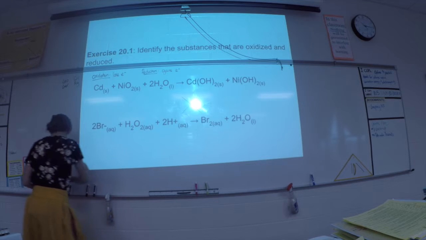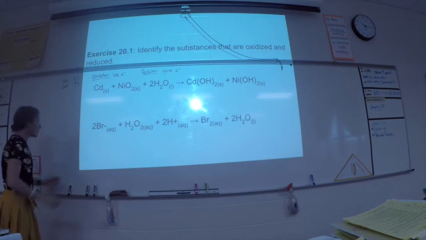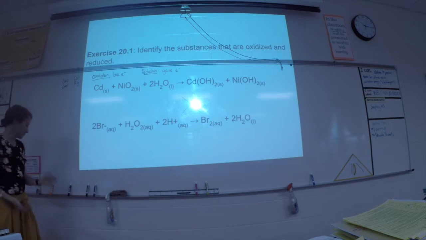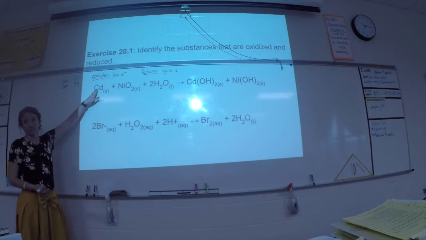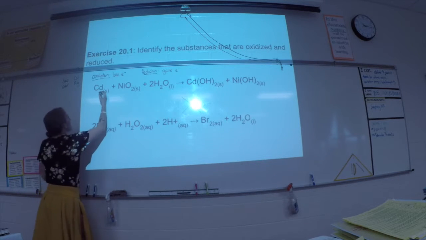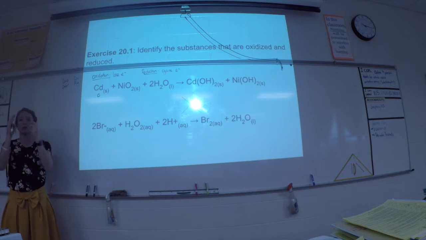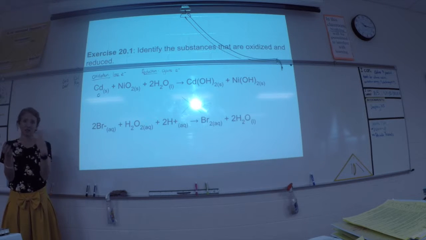I'm going to do the first one, and then you'll do the second one for some smiley faces. So I just go from left to right and I follow the rules. So cadmium, all by itself, it's just an element. So it's 0. And remember, the way I like to do it is I always write oxidation numbers below, just so I don't think it's a charge.